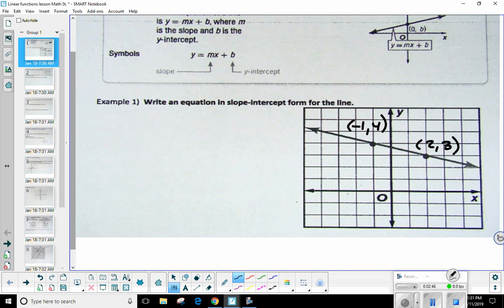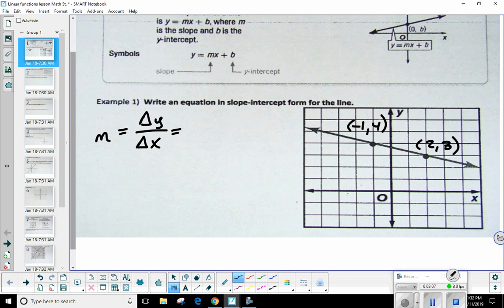So here, if they want to do it algebraically, you can find the slope using the formula. Does anybody remember? I referred to it as rise over run a moment ago. You were probably taught the change in y over the change in x. But what am I going to do with these ordered pairs to figure out the slope?